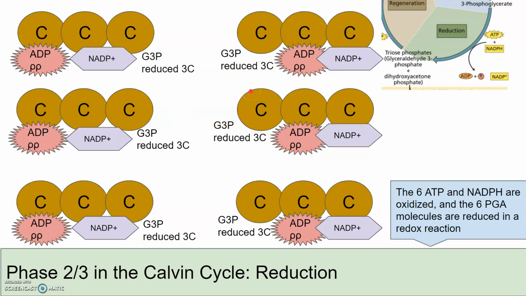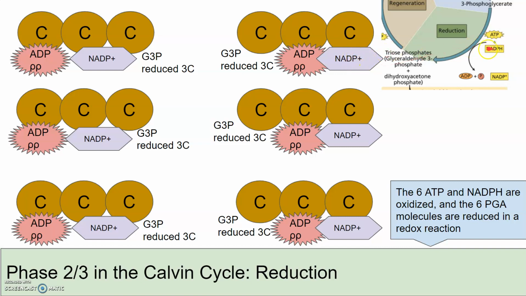The 6 ATP donate 1 phosphate each and are converted into 6 ADP. As you can see here, it's now ADP, not ATP, and they lost 1 P. You can also see that the ATP changes to ADP and loses the phosphate. The 6 NADPH each lose their hydrogen and are oxidized into 6 NADP+.